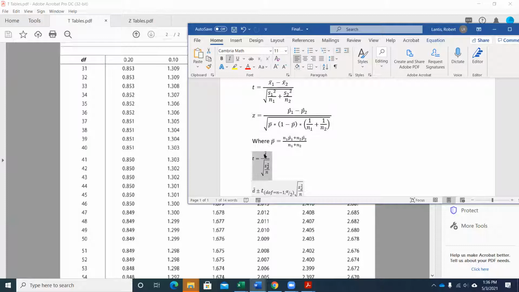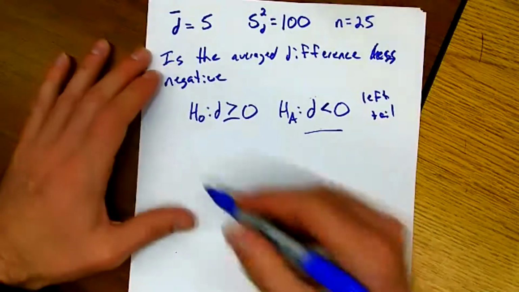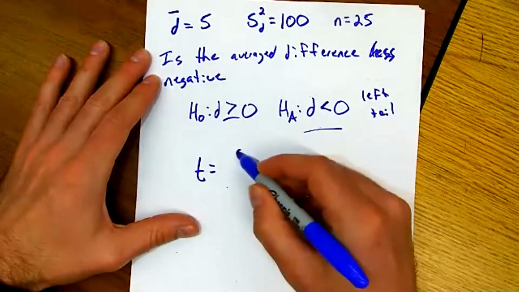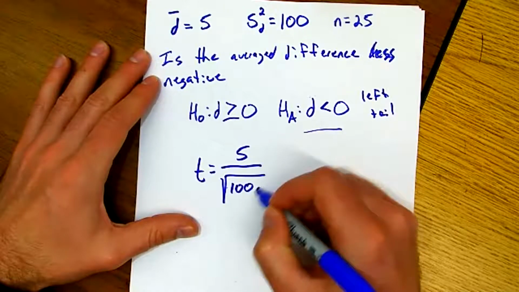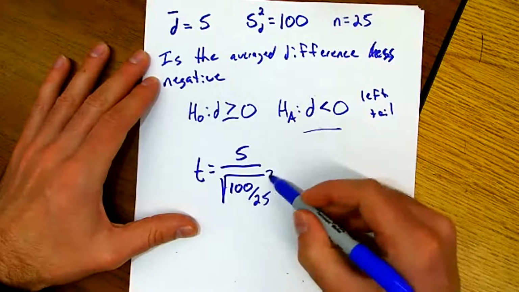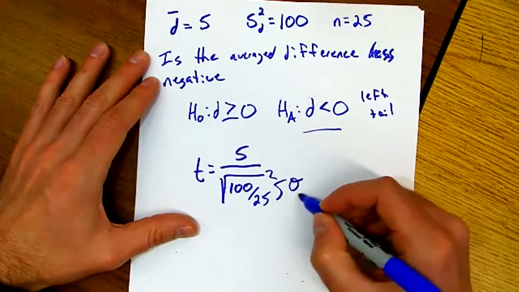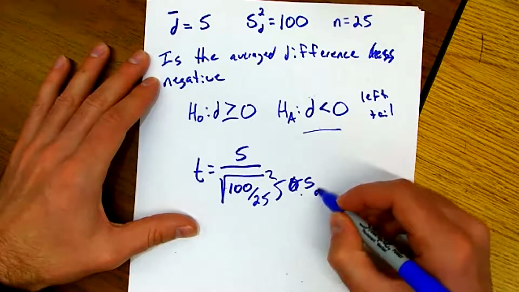All I'm going to do is use this equation, plugging in my average difference, my variance, and my sample size. So my test statistic is 5 over the square root of 100 over 25. Now remember, this represents the standard deviation. Actually, I'm going to be correct with my notation.